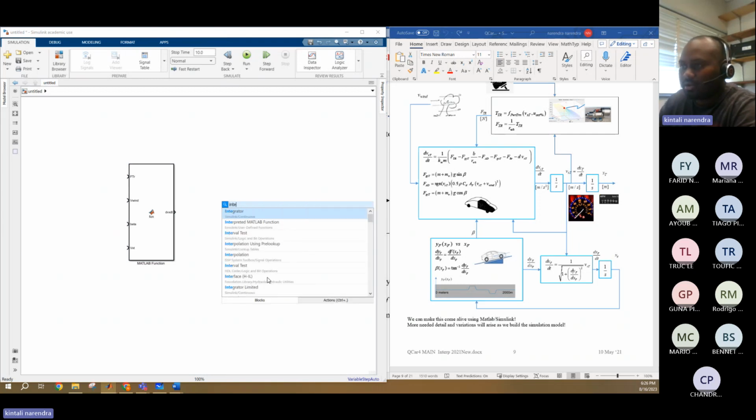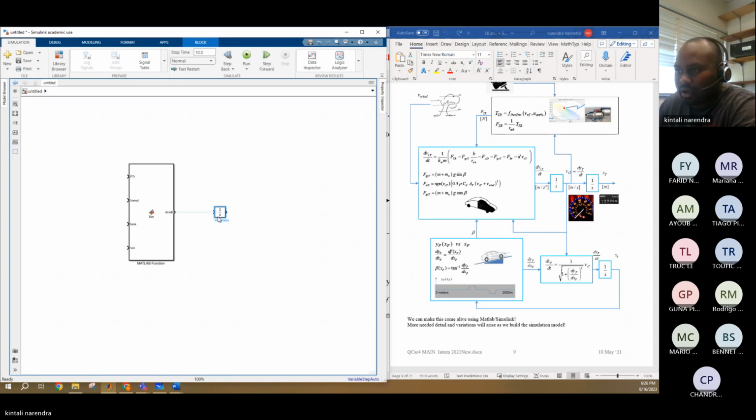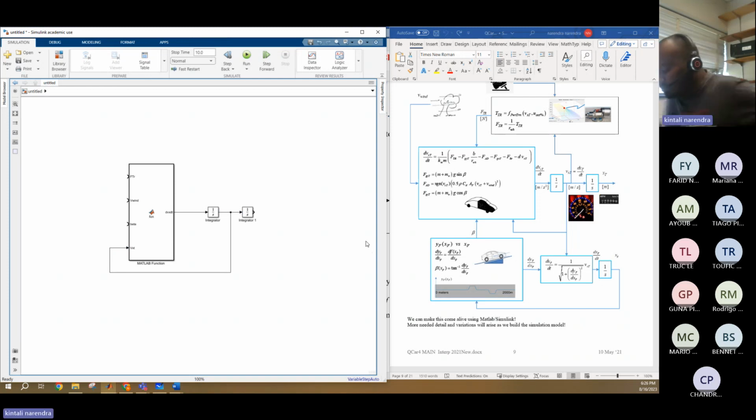So, with acceleration, you integrate it, you get velocity, and you integrate it again, then you get distance. This velocity you need to provide as an input to your function. So drag it and attach it. Are you with me?